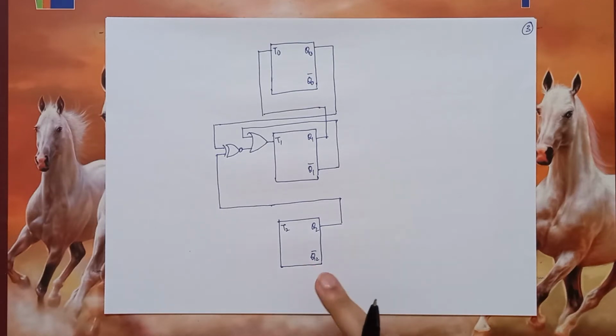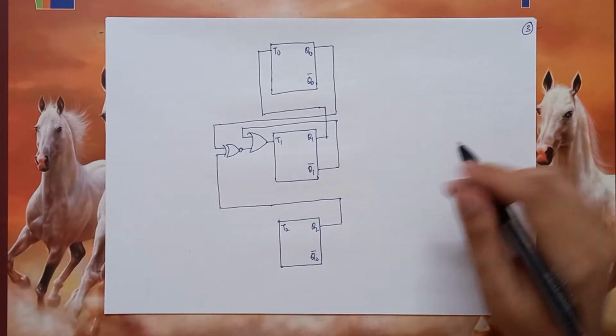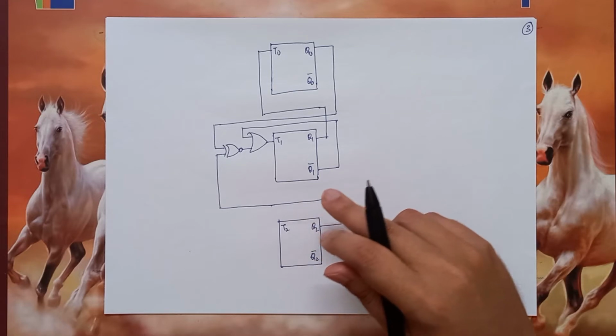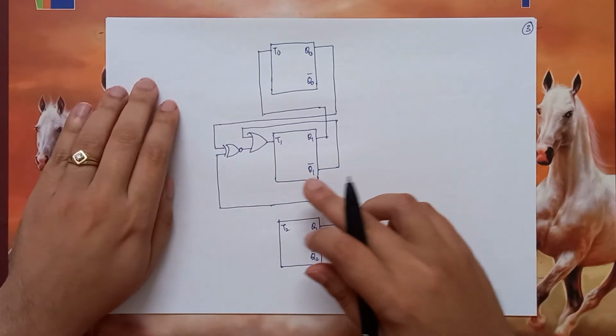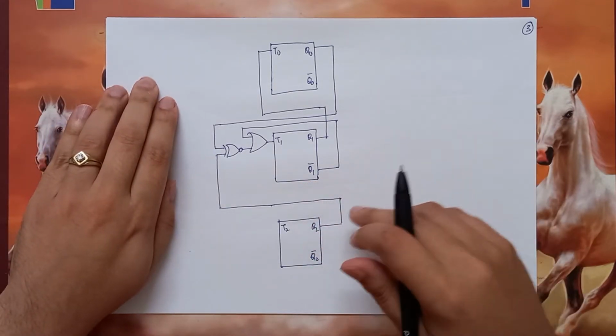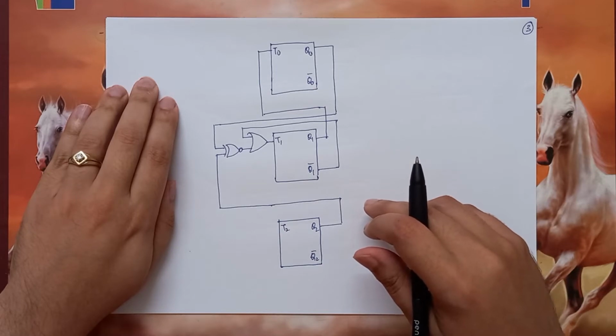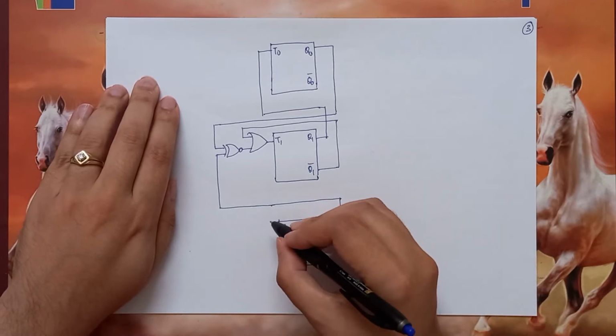And T2 is Q2 bar plus Q1 bar. So Q2 bar plus Q1 bar is like saying it is Q2 Q1 whole bar. So it's kind of like using a NAND gate.